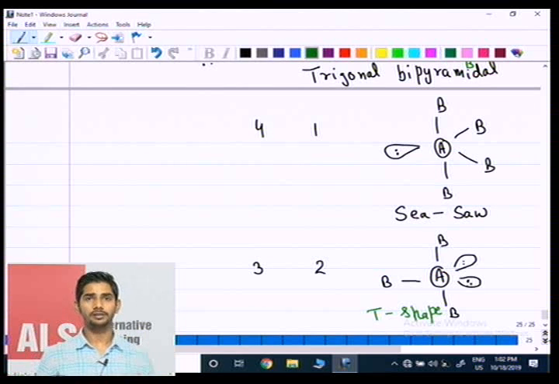Guys, are the shapes clearly visible to you? If you have any confusion in any shape, please tell me. I'll redraw it. Copied.